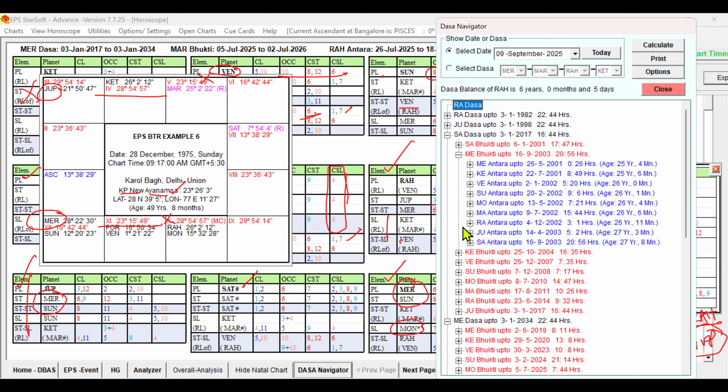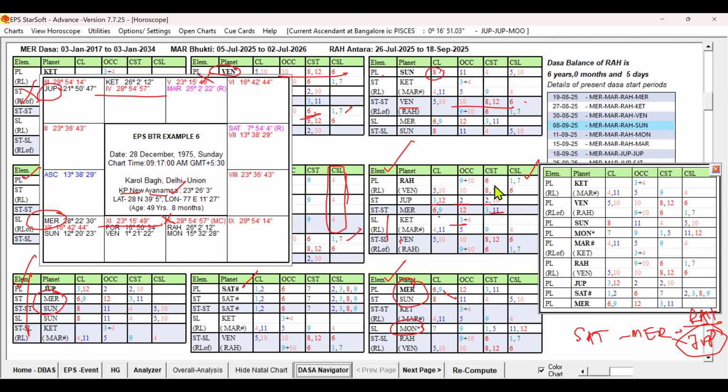So it happened in Jupiter Antra early, but previously that marriage would have been fixed in the Rahu Antra, right? So you can see Rahu also supportive, and Jupiter also supportive. Jupiter is being the third lord in the star of Mercury, and who is in the star of Sun. These are the Bhukti lord. And Jupiter is aspecting the seventh house also.